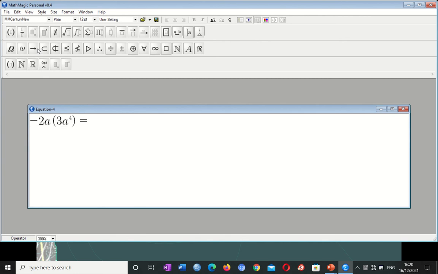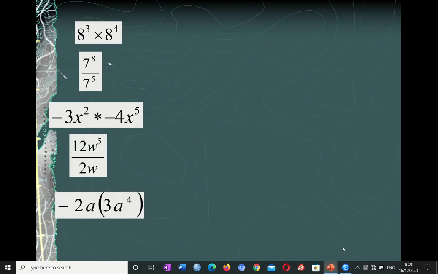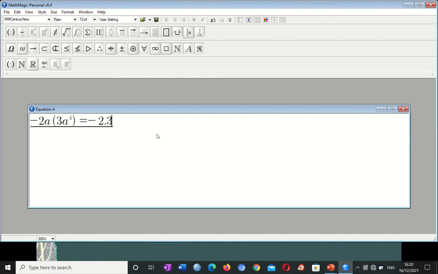Okay. So here, this is minus 2 multiplied by 3. First of all, you work with these constants, okay? I don't have any power here, so I can just write it like that. If I had any power, first of all, I had to do that power. But is there a power outside of the brackets? No, there's no power outside of the brackets. Then I have a multiplied by a to the power 4.